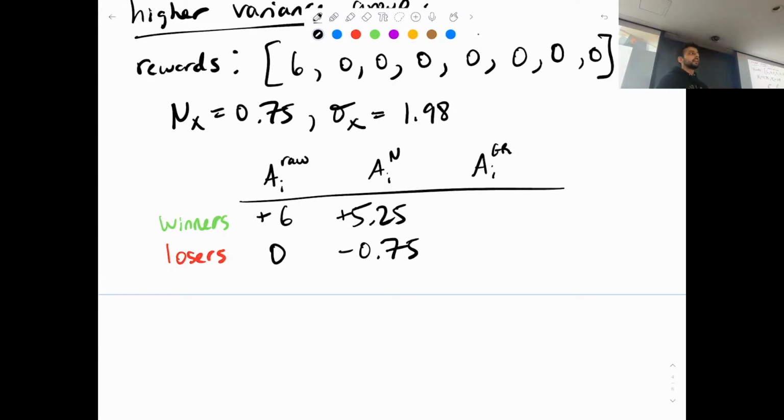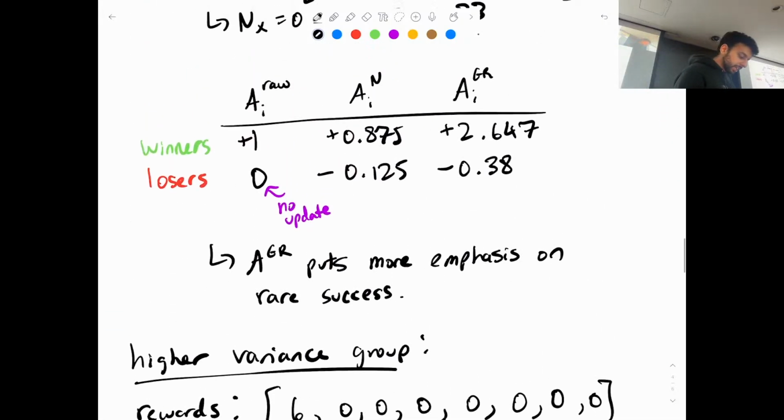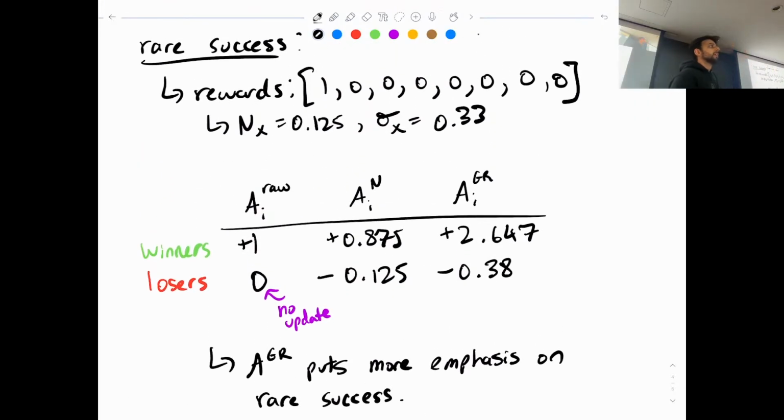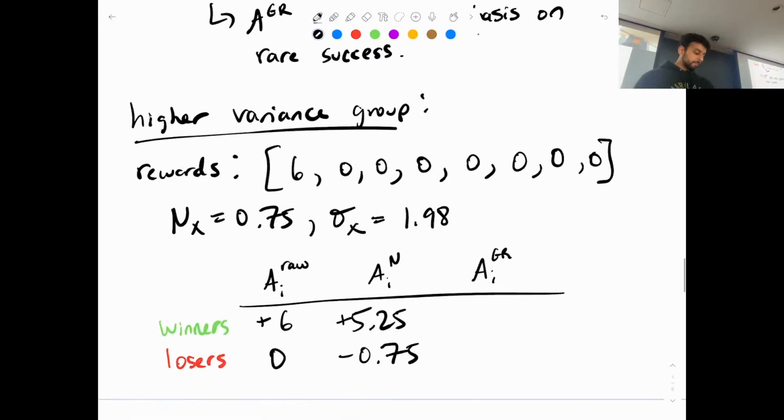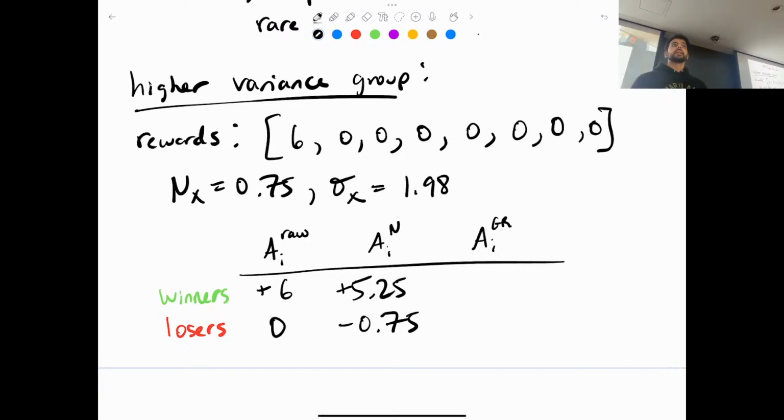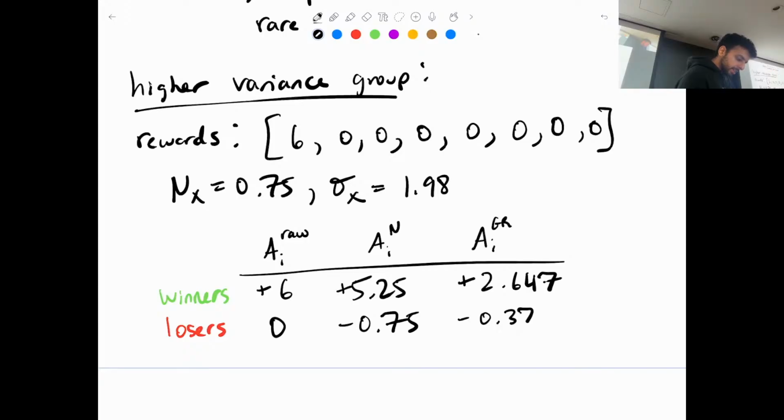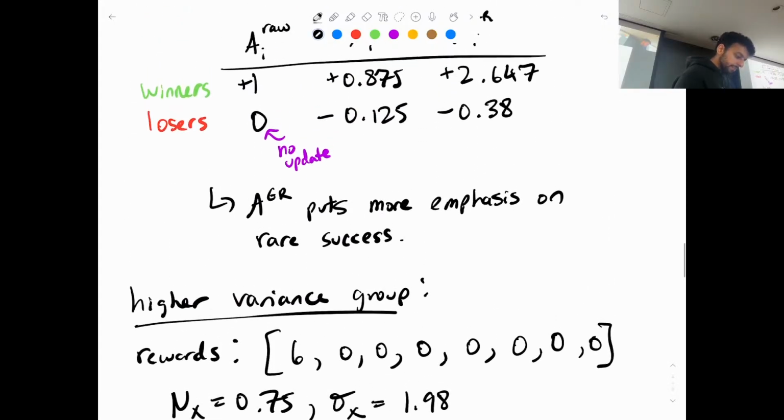So you can see that compared to the mean centering in the first group, here we're making a much greater update to this winning sample. So this could be good in some cases, but if we actually normalize this using the standard deviation, it turns out that our advantage is exactly the same as the setting above.